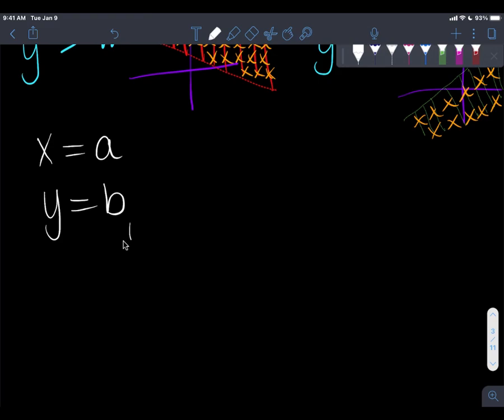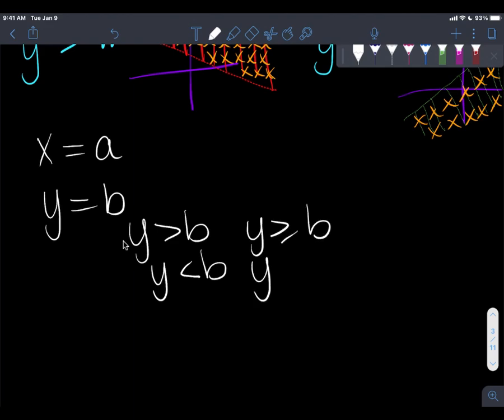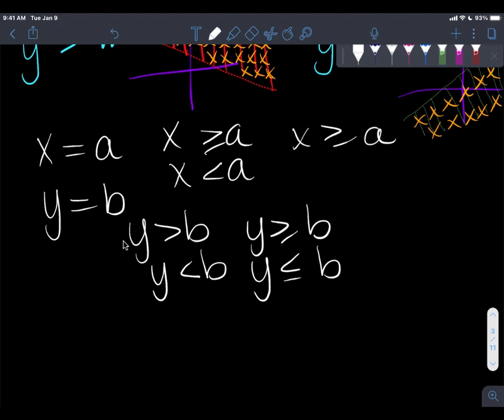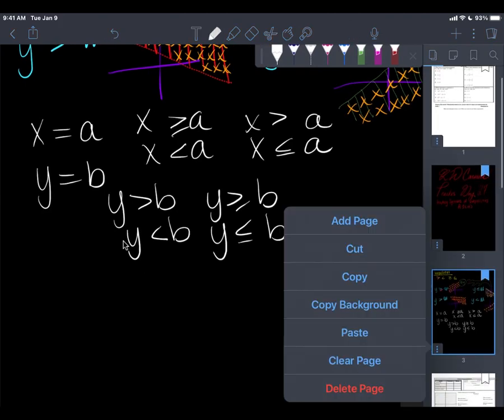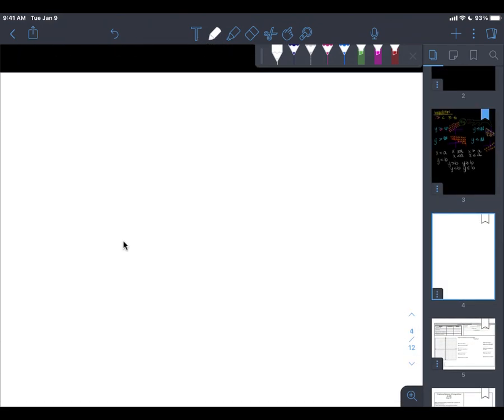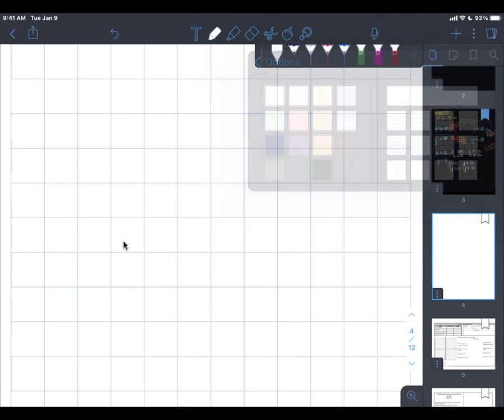There can also be variations in both of them, so that you have to shade, make a dashed line, etc. For these kinds of lines, whenever we graph them, I'm going to create a new page and get us a graph here.